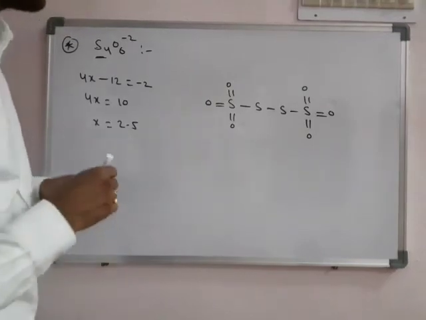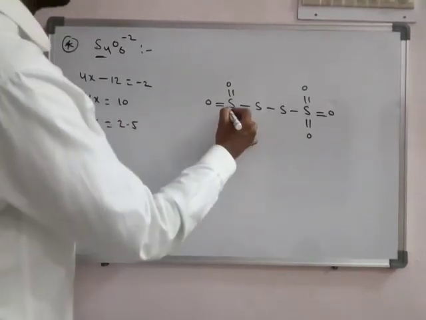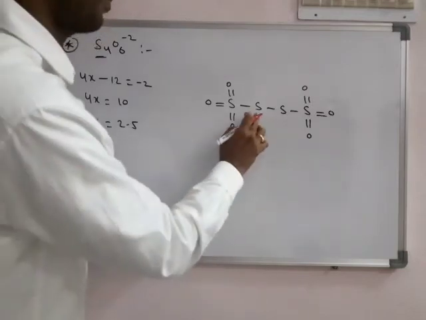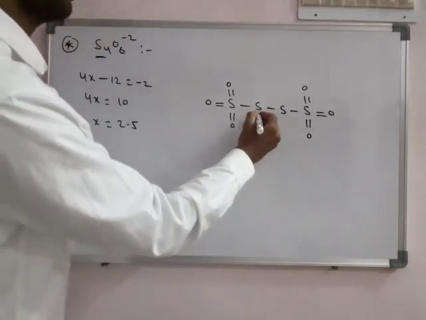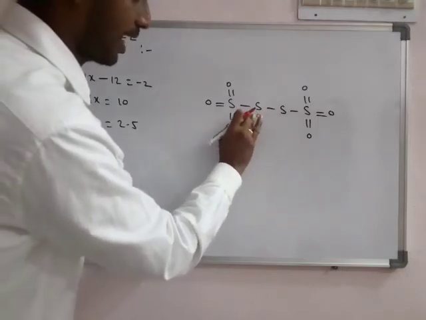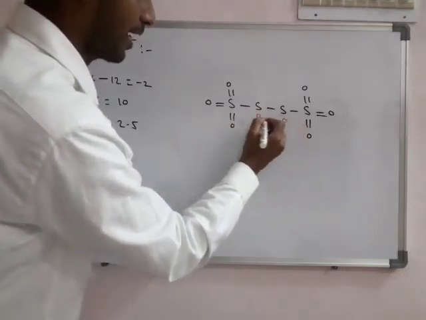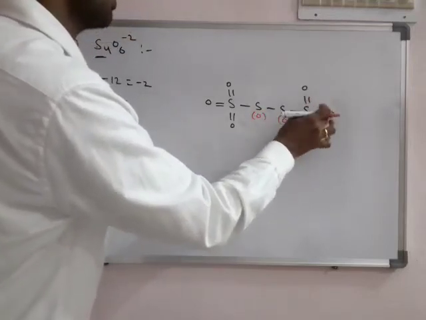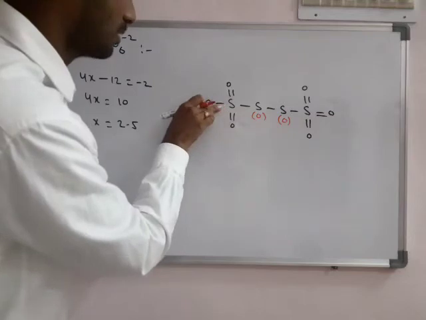So this sulfur has 0, as they are connected with only sulfur atoms. This one is connected with 1, 2, 3, 4. So actually, this is O5.